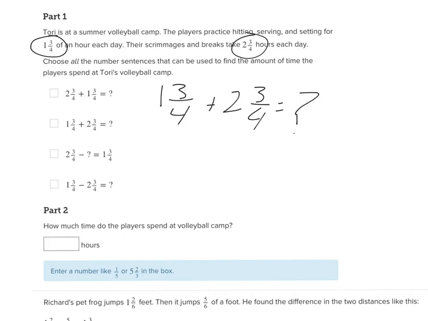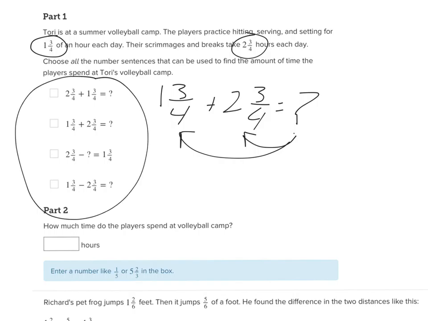The subtraction would be the question mark minus one of the others, either this one or that one. But there's no answer choice like that, so I don't have to worry about a second answer. So I believe it's going to be 1 3/4 plus 2 3/4.